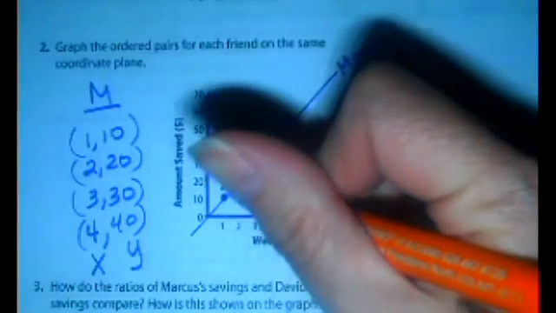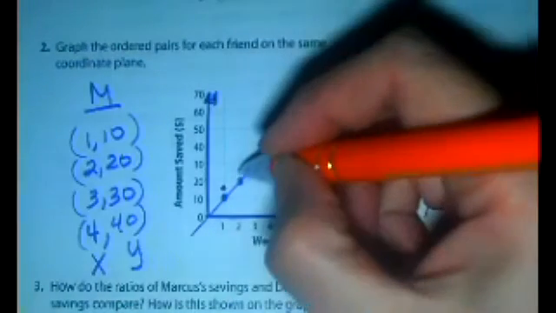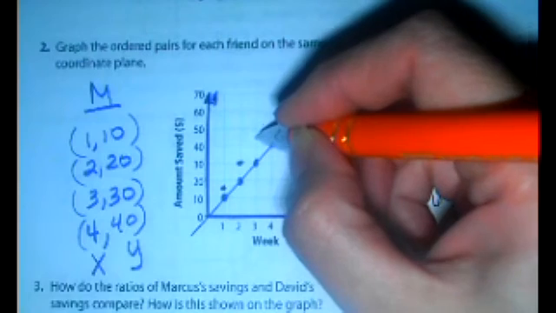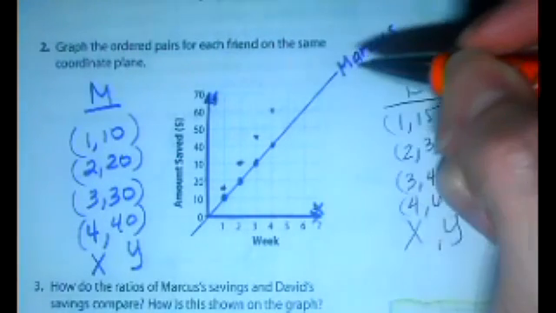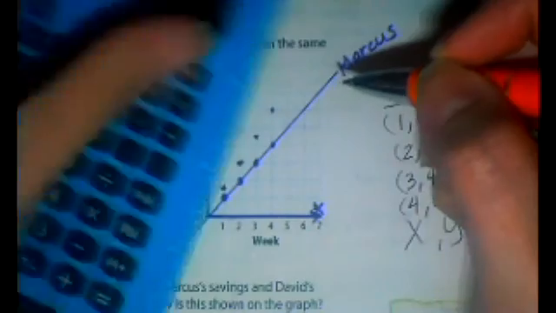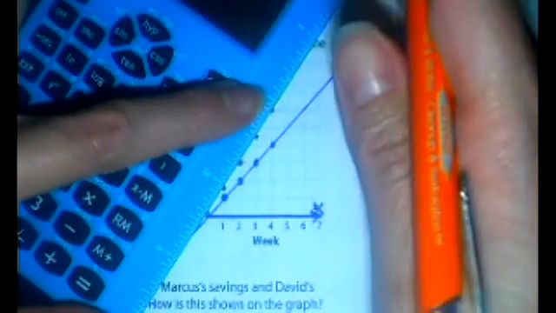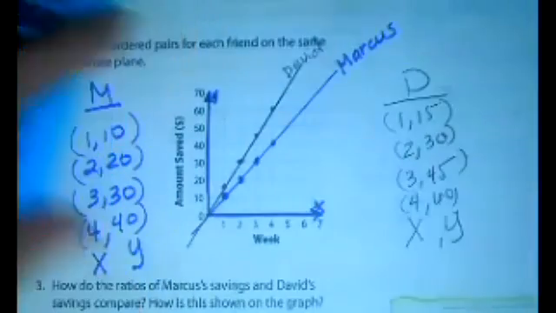So at 1, we're at 15, which is in between 10 and 20. 2, 30, 3, 45, and 4, 60. Again, we take our ruler. And there's David.